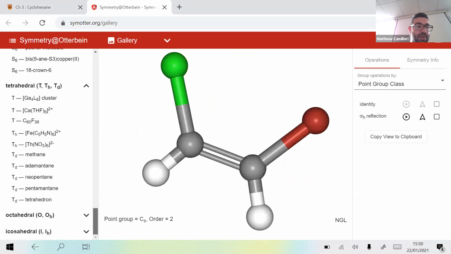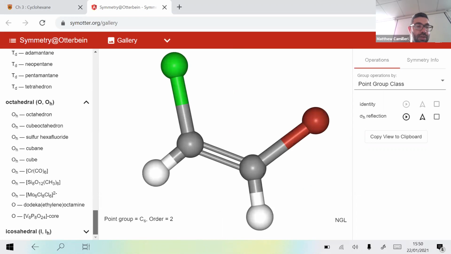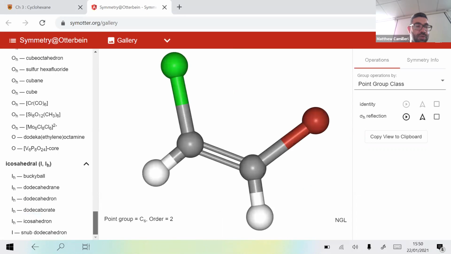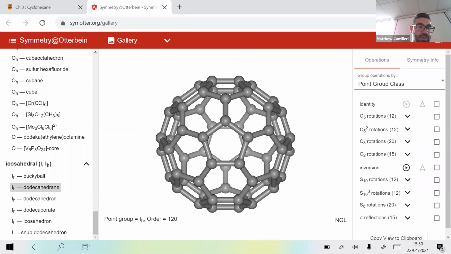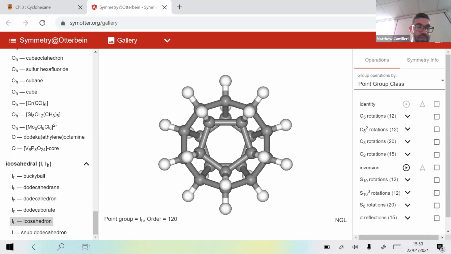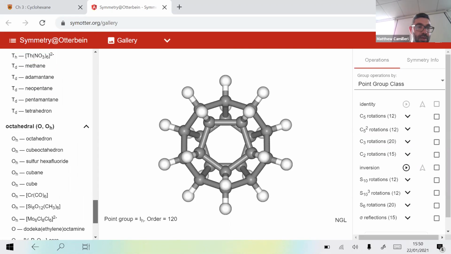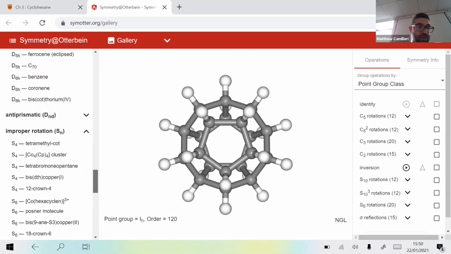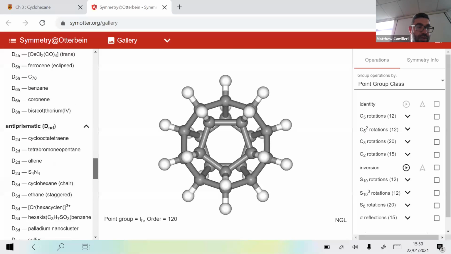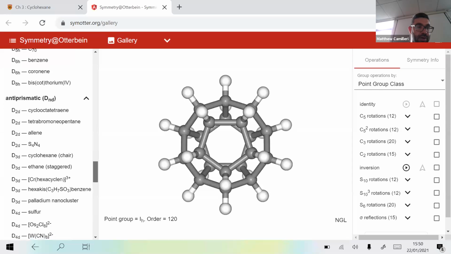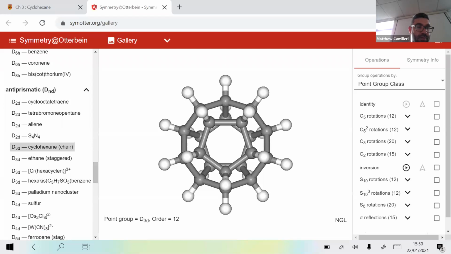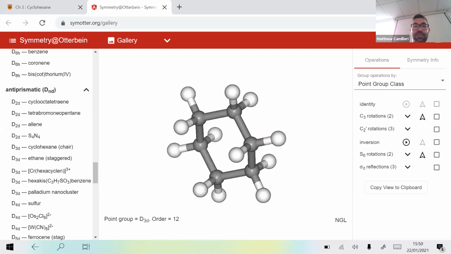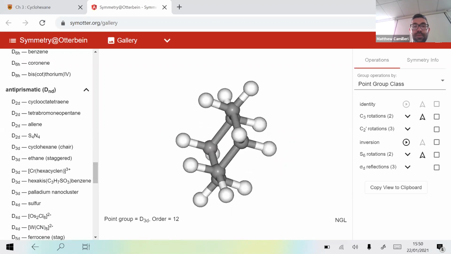If I can find the one for cyclohexane, I will show it to you. But I don't know the point group symmetry for cyclohexane by heart.